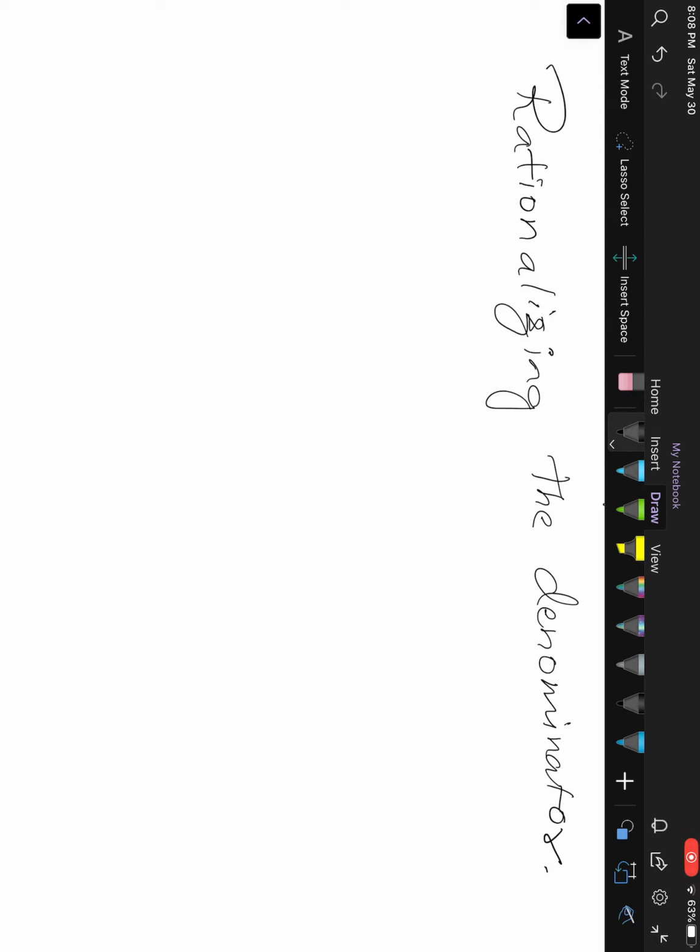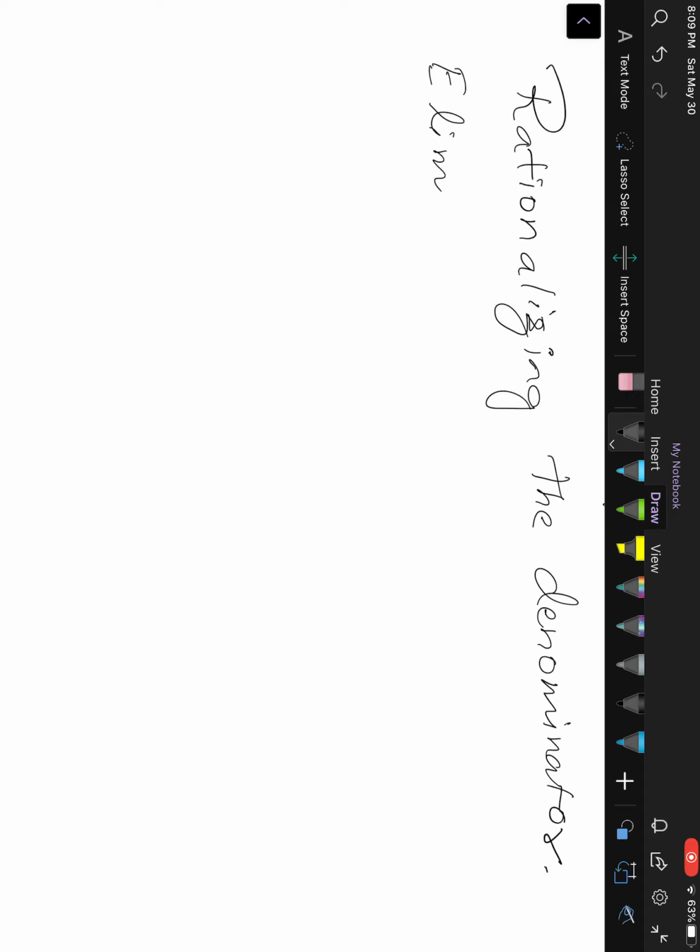So we should write the fraction which has a radical in the denominator in a different form, so that the radical can be in the numerator, but we eliminate the radical in the denominator by using certain operations. This process is called rationalizing the denominator.